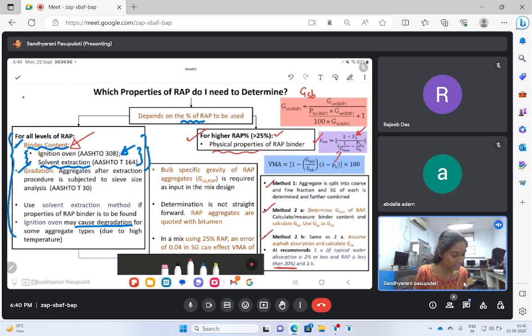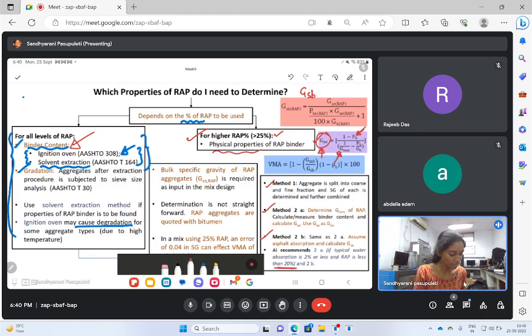We also need GMM, the theoretical specific gravity. Let us say somehow we have calculated the GMM. If we know the PB and GMM, we can calculate the GSE. If our RAP amount in the total mix is less than 20%, we can directly take this effective specific gravity as the bulk specific gravity, so it doesn't affect the volumetrics that much.